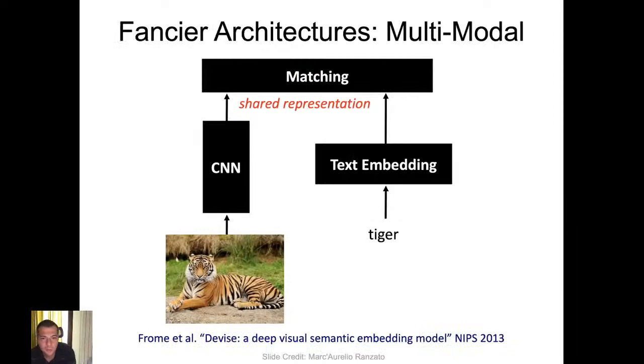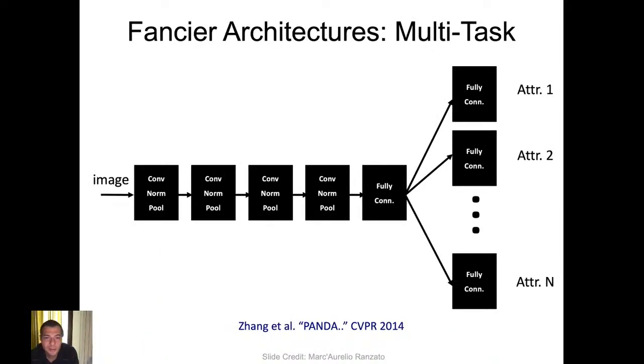There are also more complex architectures that involve convolution. For example, for image captioning, you can apply a CNN on top of an image and a neural text embedding network to embed text into an embedding space, and then try to match these two embeddings between the image and the text. So you can plug CNNs into different architectures.